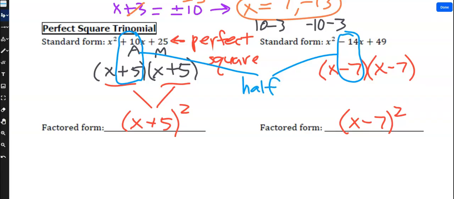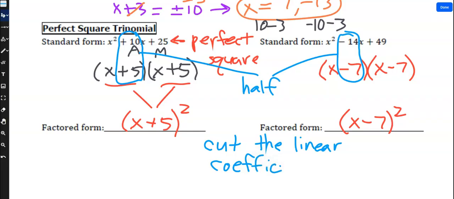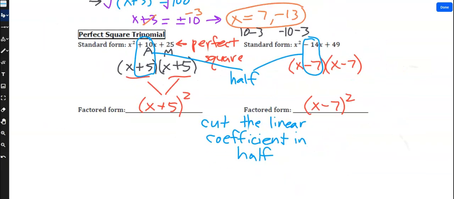You took the linear coefficient and cut it in half. That's literally all we're doing.